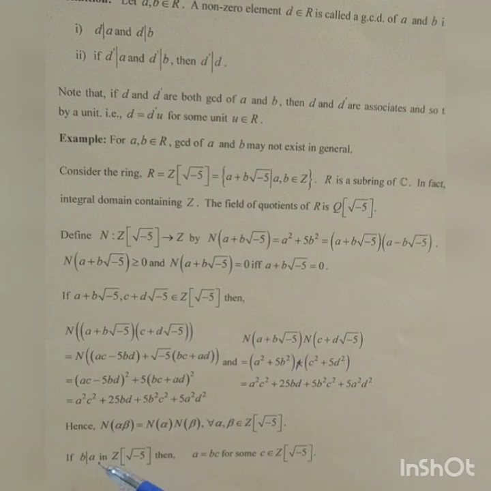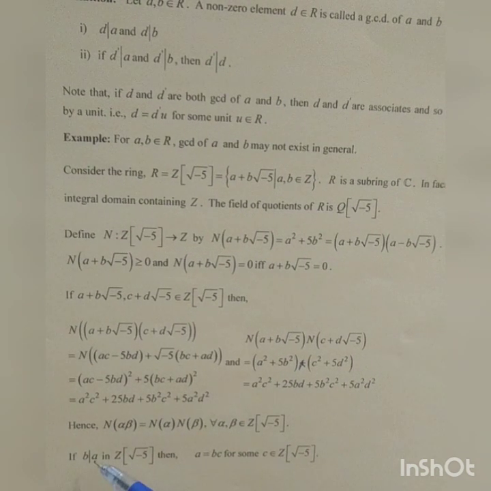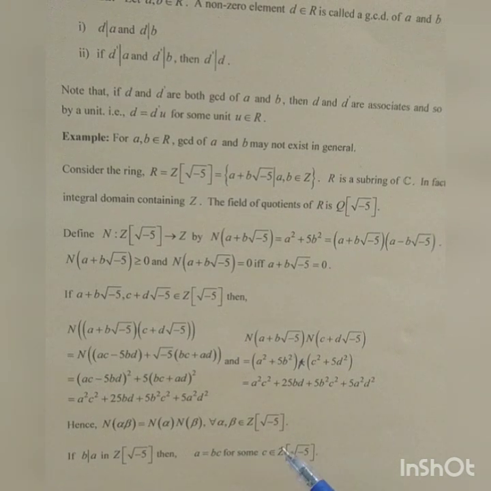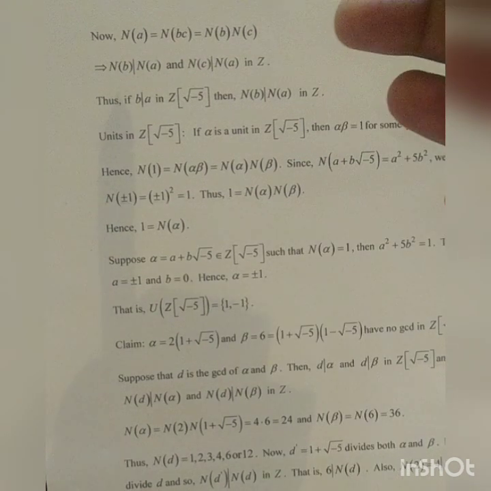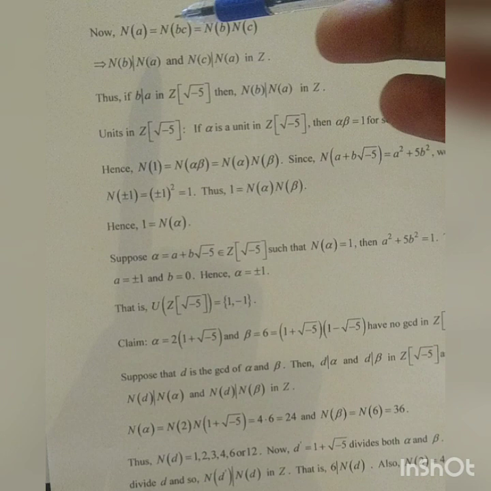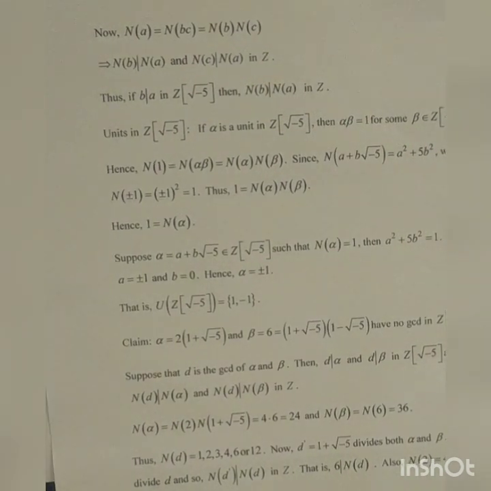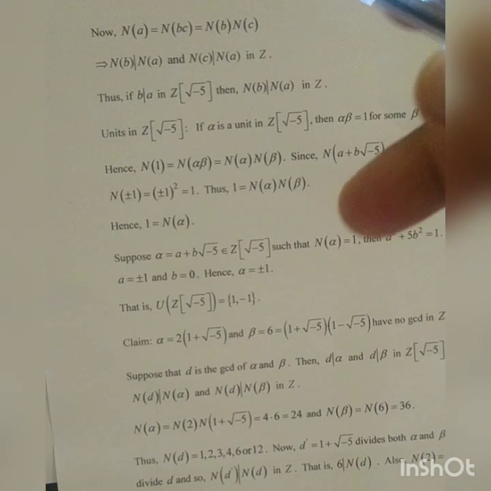Suppose b divides a in Z of root minus 5. Then by the divisibility definition, I can write a as a multiple of b. That is, a equals bc for some c in Z of root minus 5. Now, N of a, as b divides a, can be written as N of bc. But by the earlier result, N of alpha beta equals N of alpha into N of beta. By that, N of b into N of c. But this is of the form a equals bc, which implies b divides a.